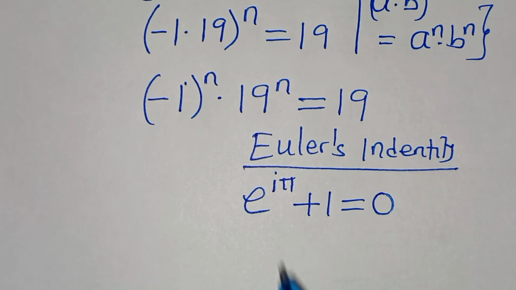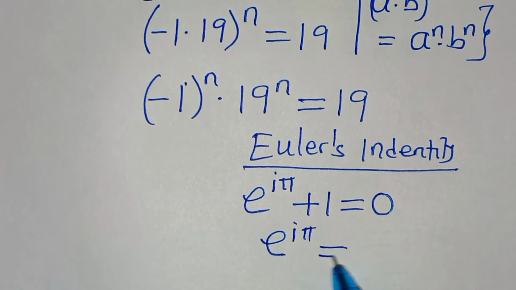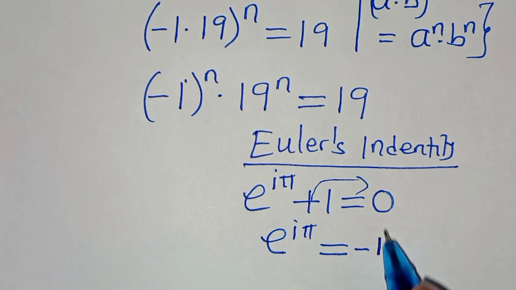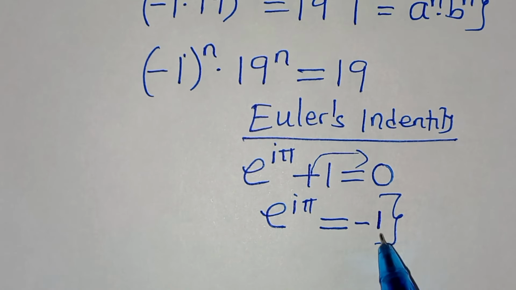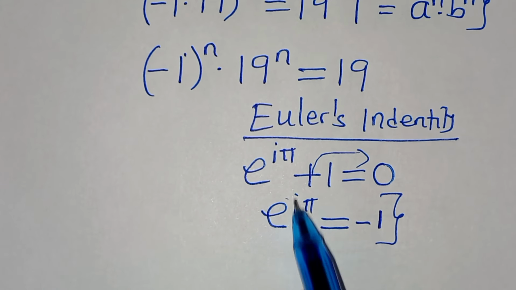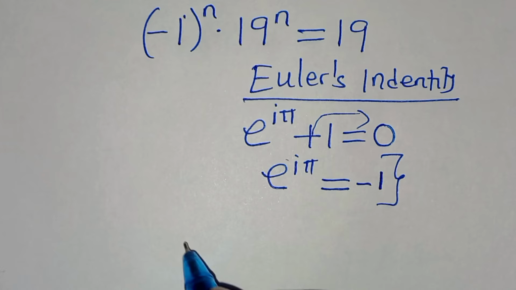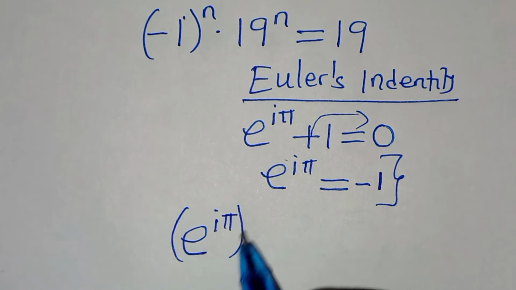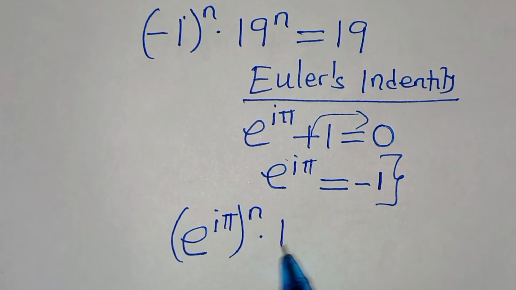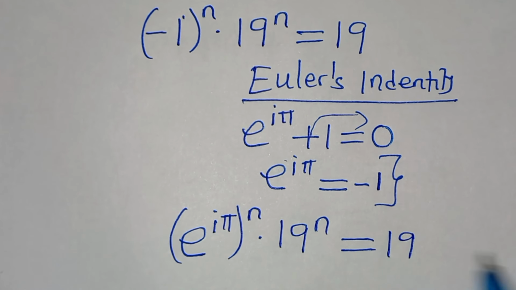So in this case, e^(iπ) equals, taking plus 1 to the right-hand side, minus 1. Now let's substitute -1 with e^(iπ), so that now we have (e^(iπ))^n times 19^n, and this is equal to 19.